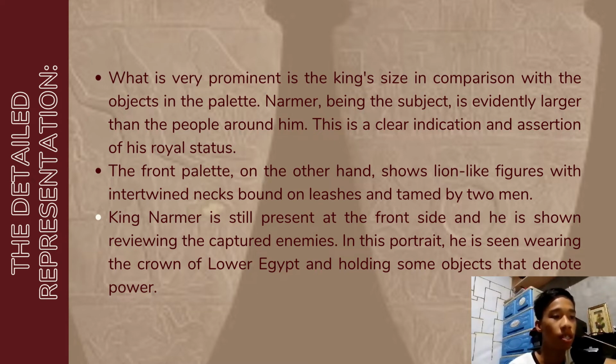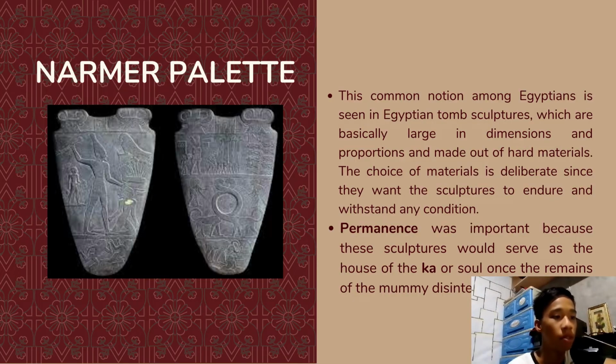In most cases, the king is not just an authority figure but is depicted and revered as a deity. The common notion among Egyptians is seen in Egyptian statues, which are basically large in dimensions and proportions and made out of hard materials.